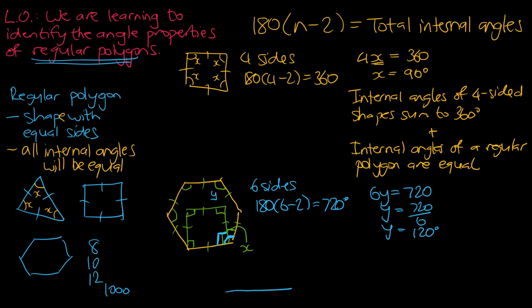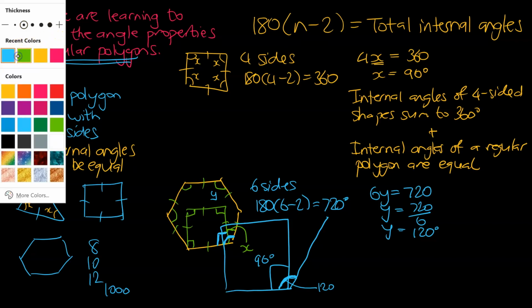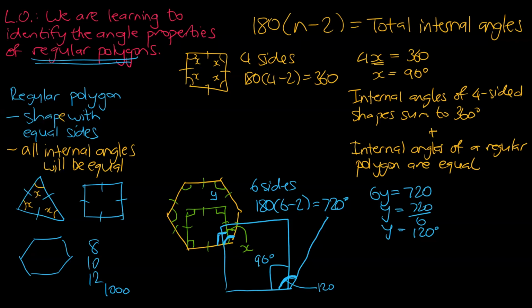So that's the base of the isosceles triangle, and that's the other side, and we've got a square here. So we figured out, well, this entire angle is 120, and we know that angle is a right angle with 90 degrees. So back to green. So that means the missing portion here must be the difference between those.